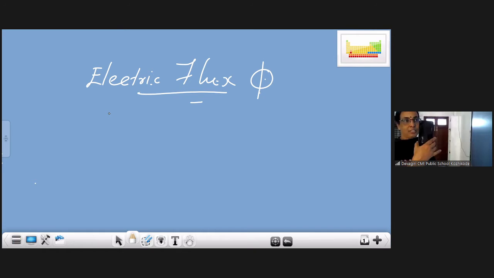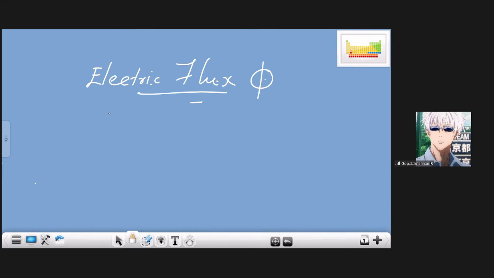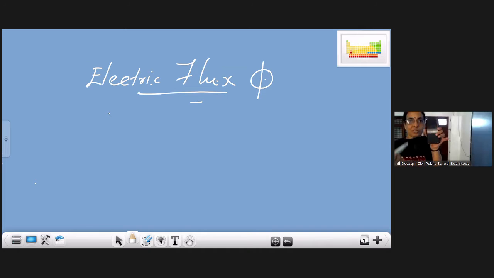Only the ones which hit this surface I can take. The second way, the last one. Because they are coming in this direction, maximum will pass through it.